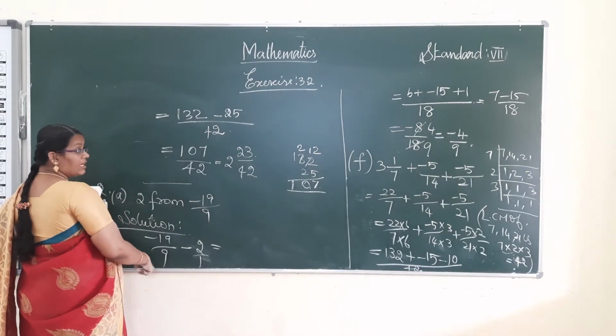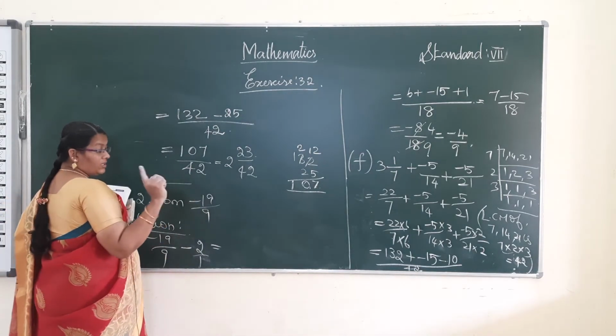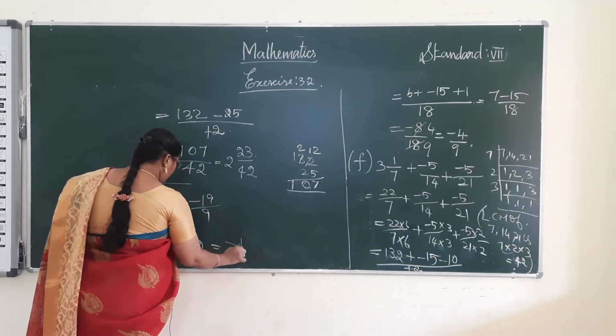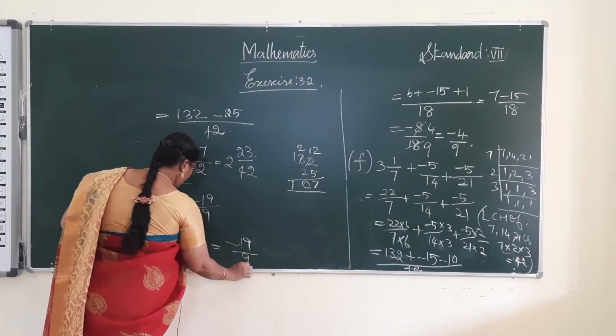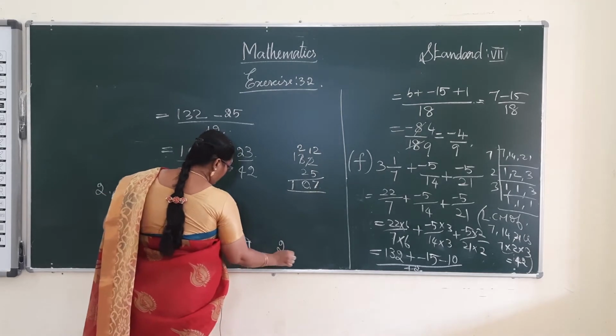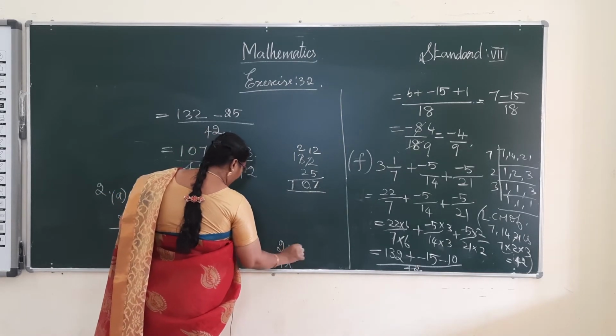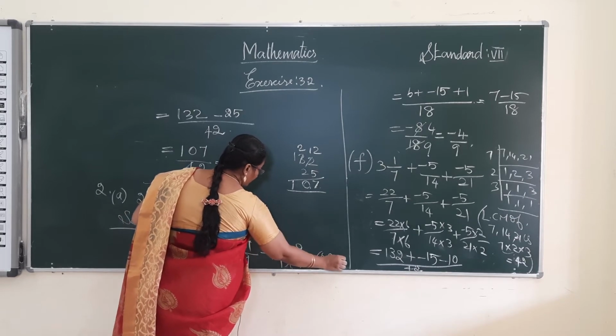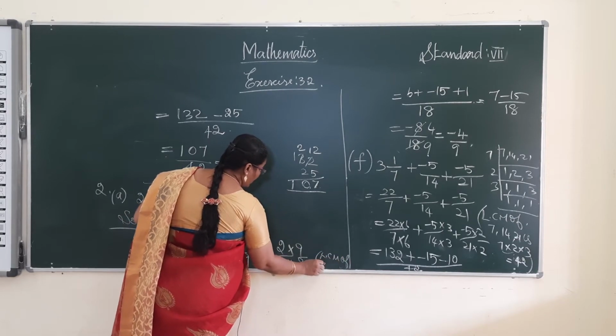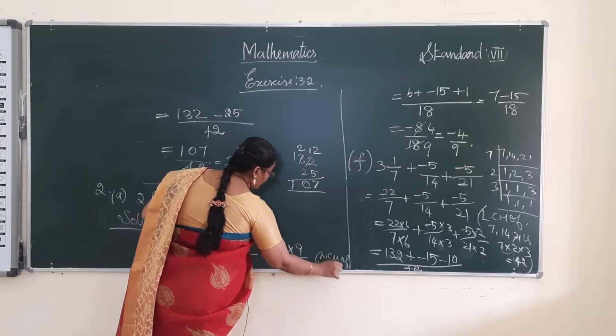So take the LCM of 9 and 1, which is 9. So minus 19 by 9 minus 2 by 1, then numerator and denominator multiplied by 9. So the LCM of 1 and 9 is 9.